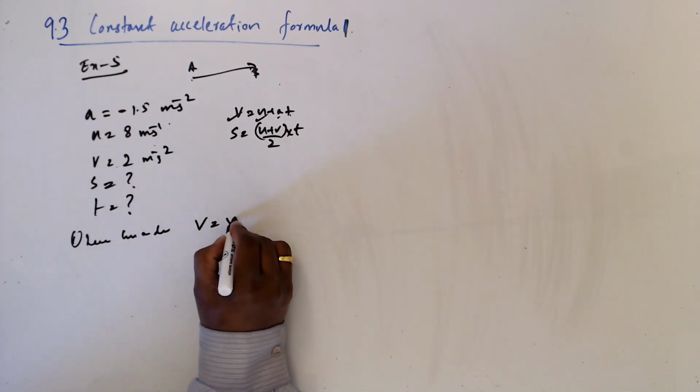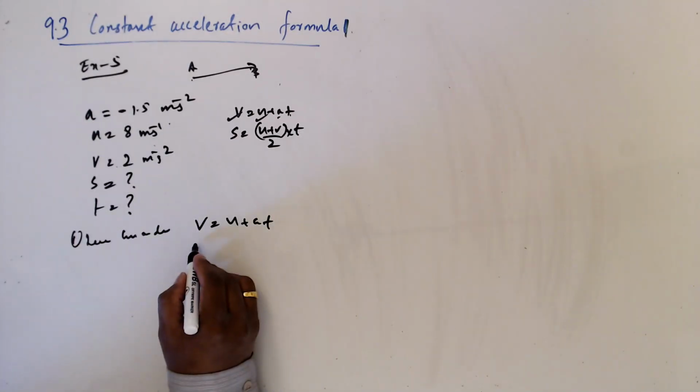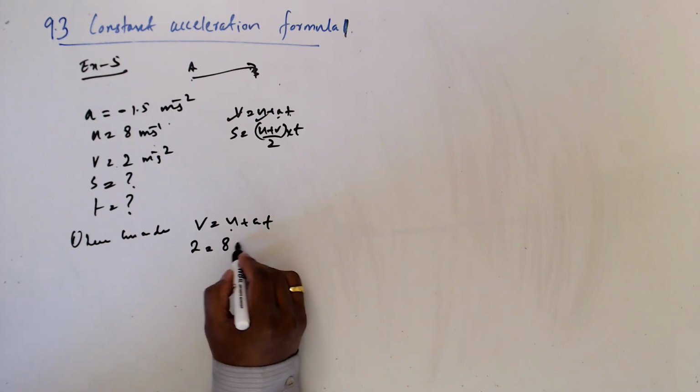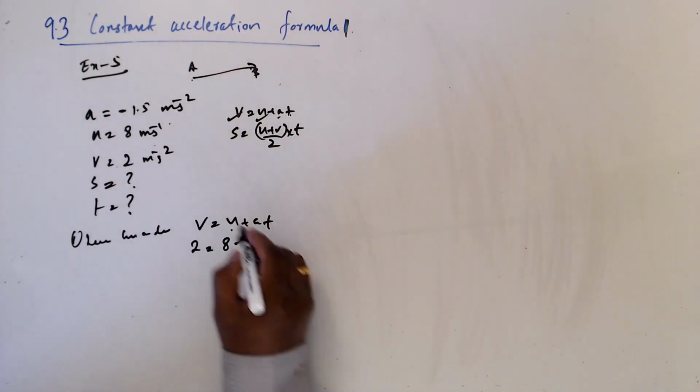V equals U plus AT, where V is 2, U is 8, and A is minus 1.5.